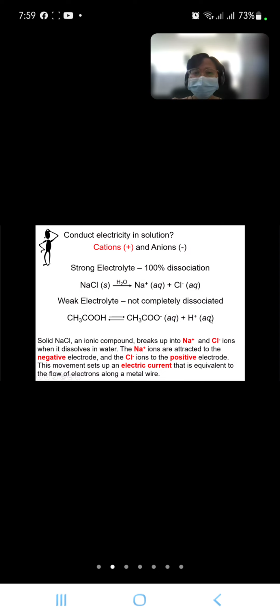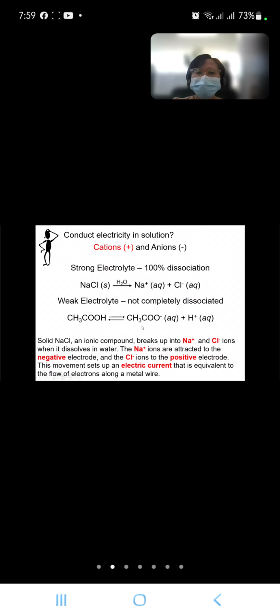But after some time, some of these ions will bond again to form back the acetic acid. That's why, as you can see, there are two arrows in different directions. In the forward reaction, this is the arrow pointing to the products, and in the backward reaction, this is the arrow pointing to the original reactant.